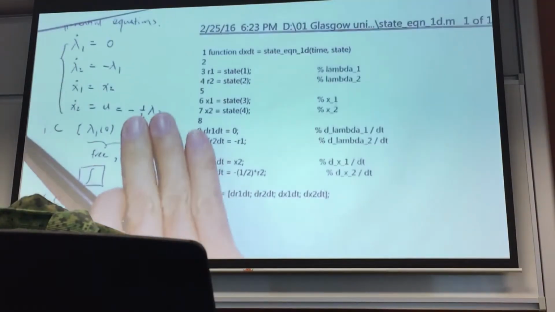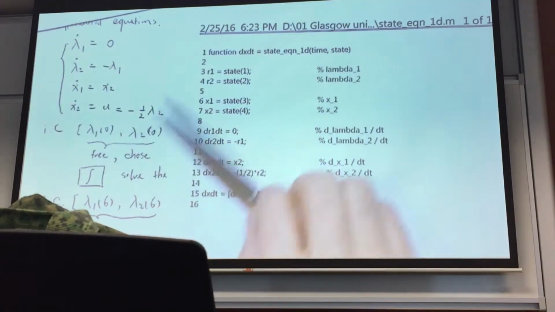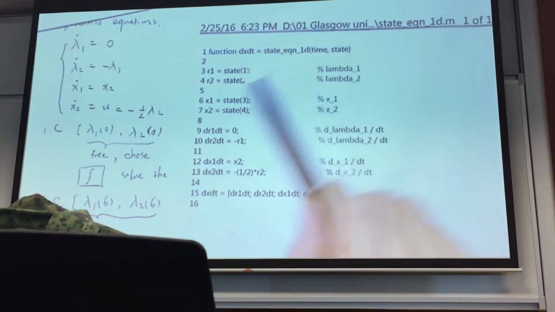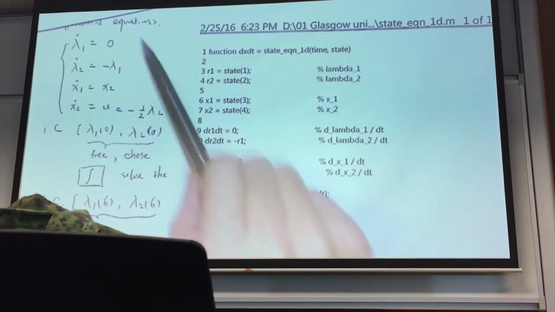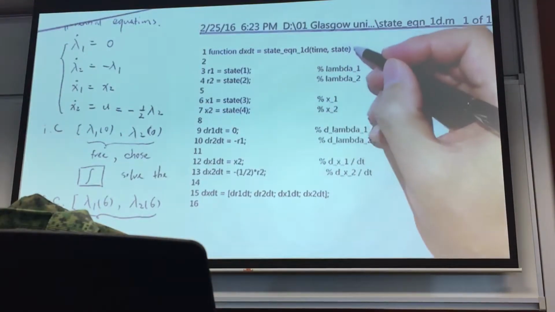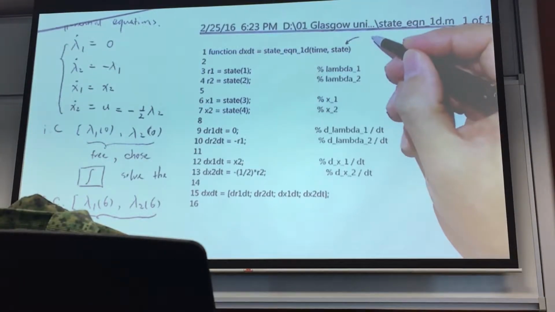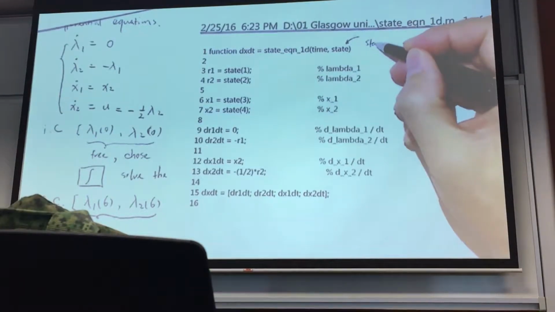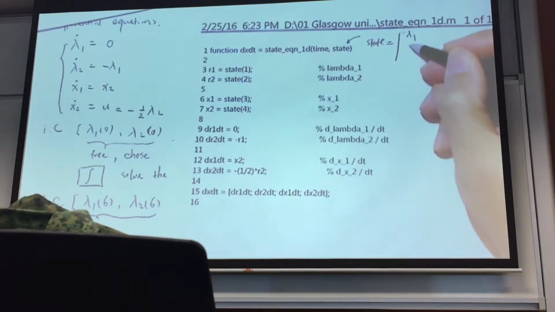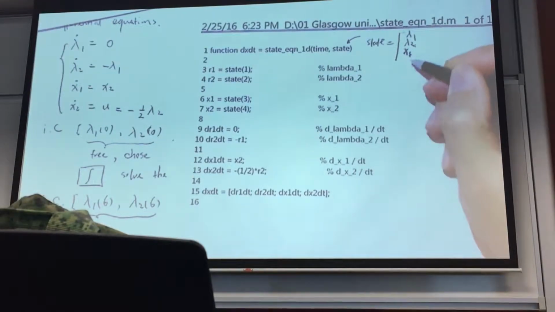This state function is used to implement the same equations here. Our function is lambda 1 dot equal to 0, lambda 2 dot equal to minus lambda 1. The input state is a column vector: lambda 1, lambda 2, x1, x2.